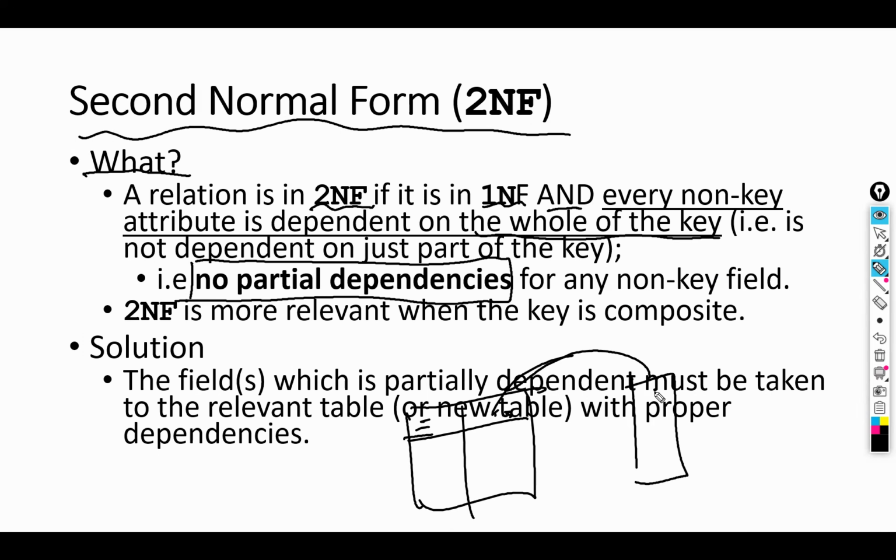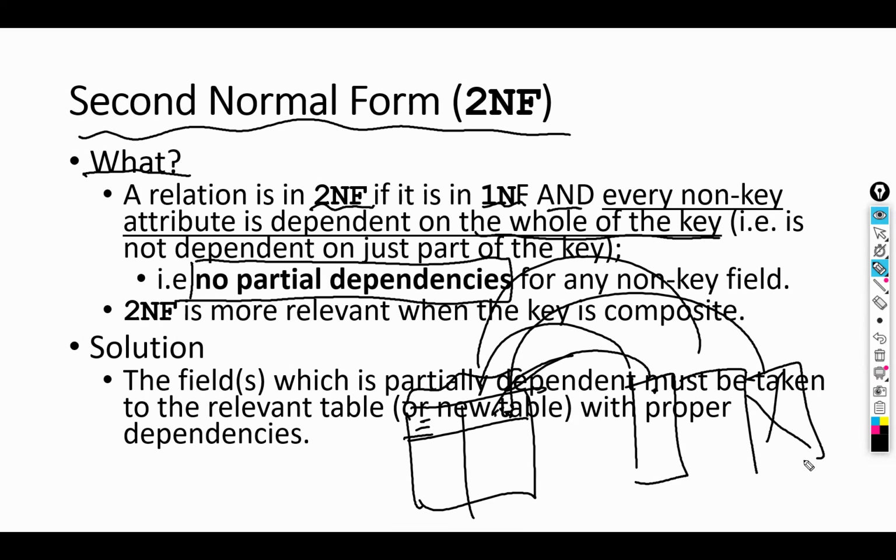If a field depends on part of that, that means your table has violated second normal form. But if a field depends on the full key, that is fine. The next field also depends on the full key, that is fine. So that means it's in second normal form. If you find a field that depends on a single field, whereas your key is multiple fields, that has violated second normal form.